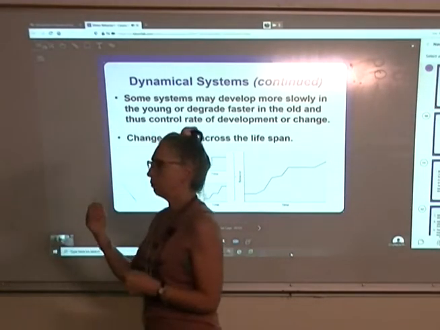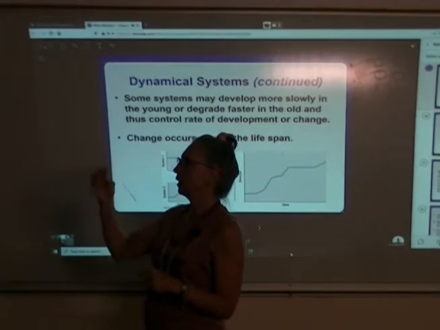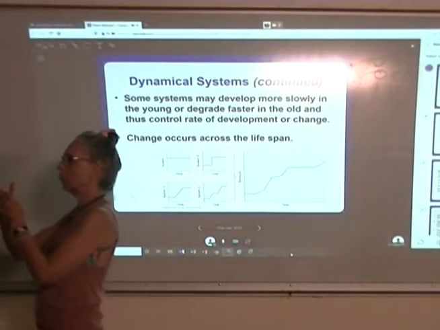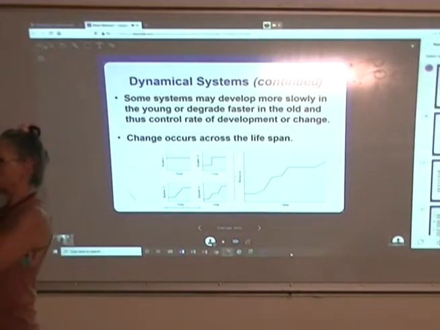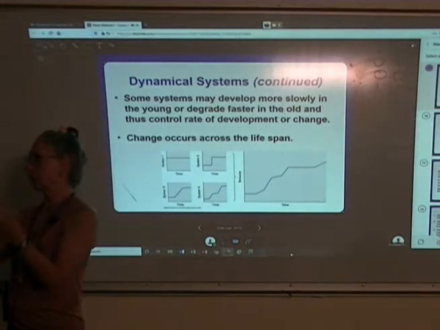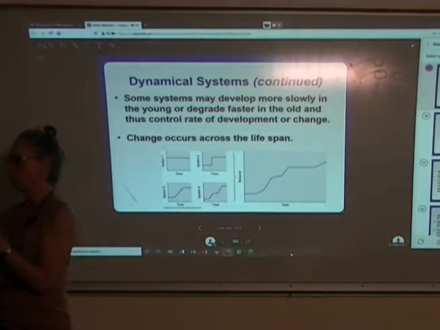So the rate limiter is the constraint, the system that is developing the slowest with regards to the achievement of a particular skill, all right?